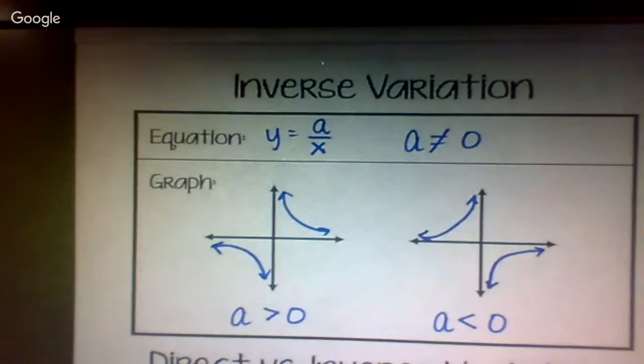And again, that graph is called a hyperbola. Questions on what they look like from a graph? No, ma'am. Okay.